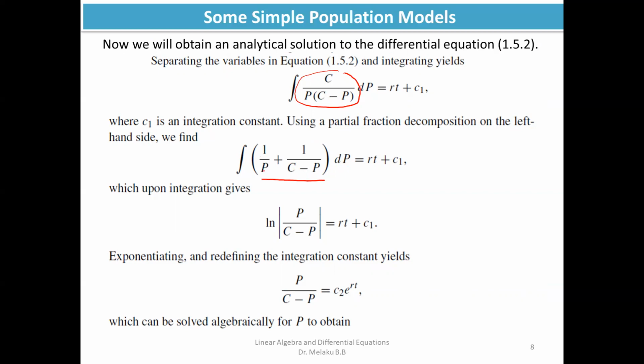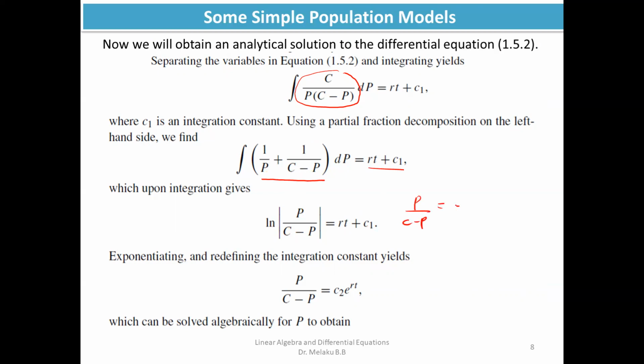Because the integration of 1 over P dP is ln of P, and the integration of 1 over (C minus P) is minus ln of (C minus P). Therefore, combining this, ln of the absolute value of P over (C minus P) is equal to rt plus c1. Therefore, what is P over (C minus P)?